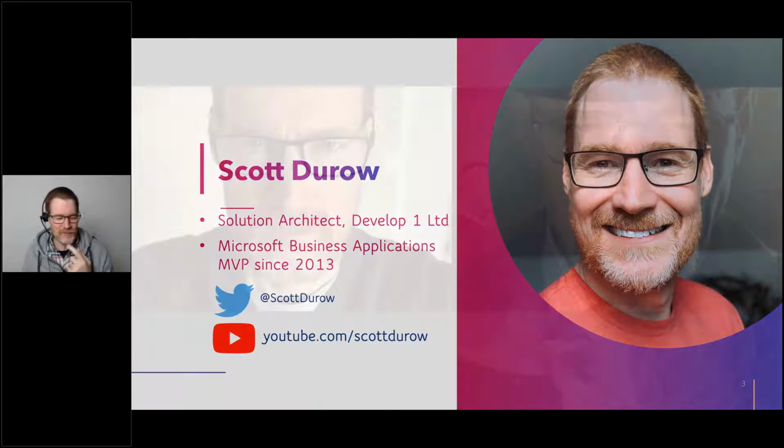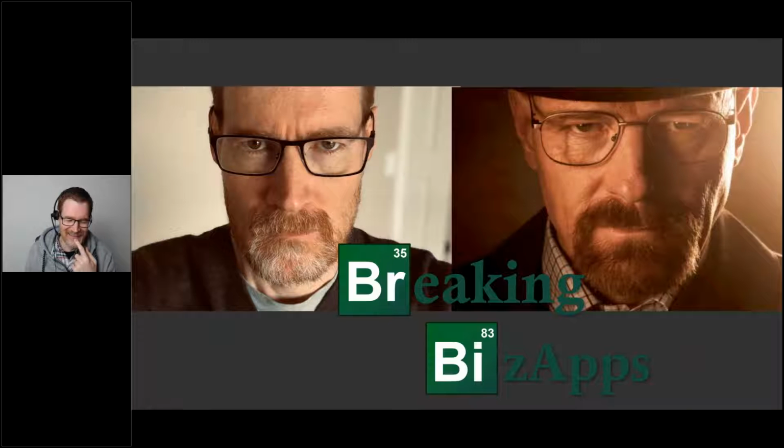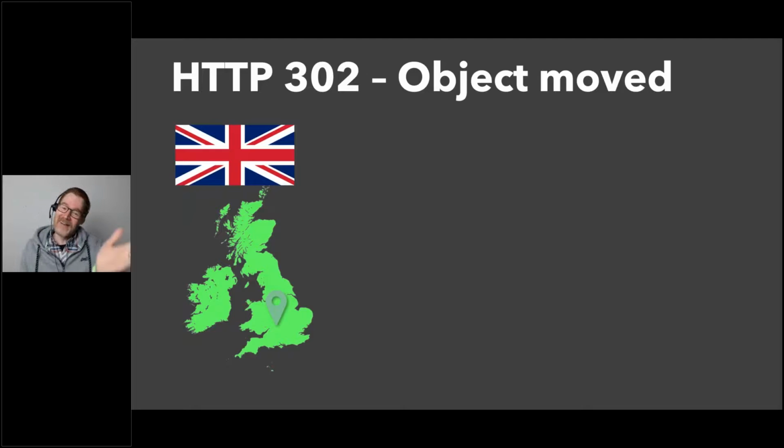We were chatting before the session, and a lot of people say that I look kind of familiar, and they can't quite place it. I'll leave it up to you whether or not you think I look like Bryan Cranston from Breaking Bad. You can refer to me from now on as Mr. White or Heisenberg if you'd like, but just a bit of a funny one. I've recently moved from the UK over to Canada.